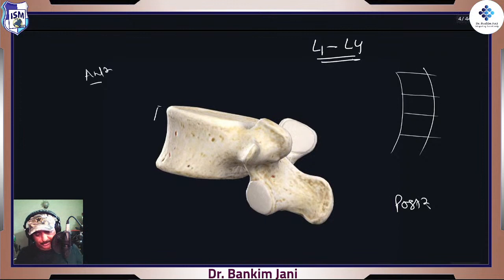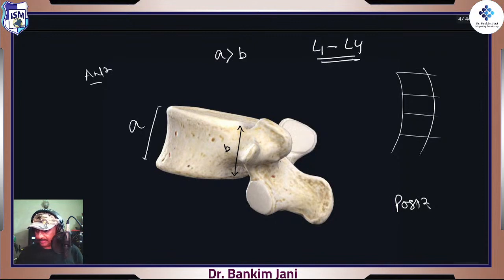Now, how is this curve prepared? If you measure the distance, this is A, and let's keep this distance over here as B. We'll see all the parts. This is just for our understanding: for the forward convexity of this lumbar spine, A is greater than B. So when all of them are stacked, it will give this shape.